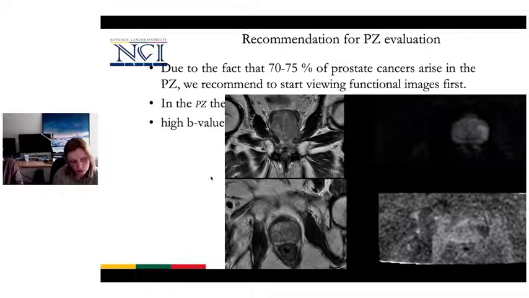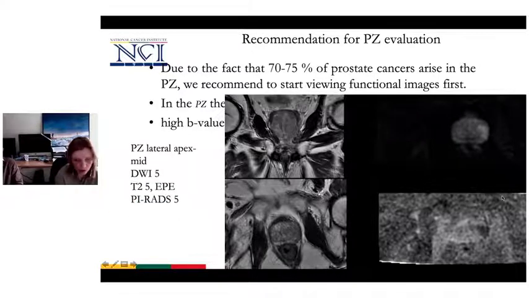But of course, first you measure the volume of the prostate, so you look through images in T2 sequences on sagittal, axial, and coronal. But then, of course, you can just look for some bright spots in diffusion. It's quite easy. Or even at first look for dark lesions on ADC.